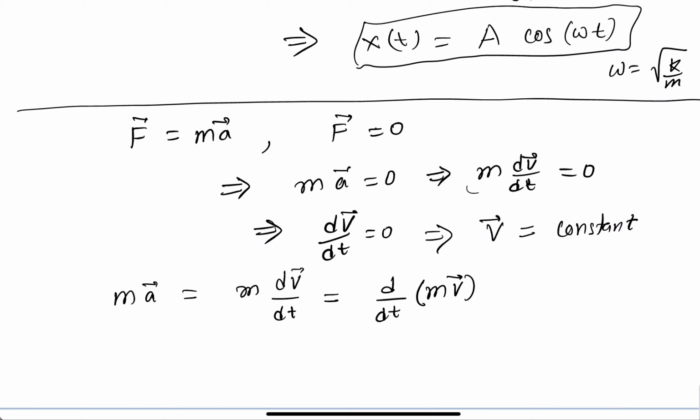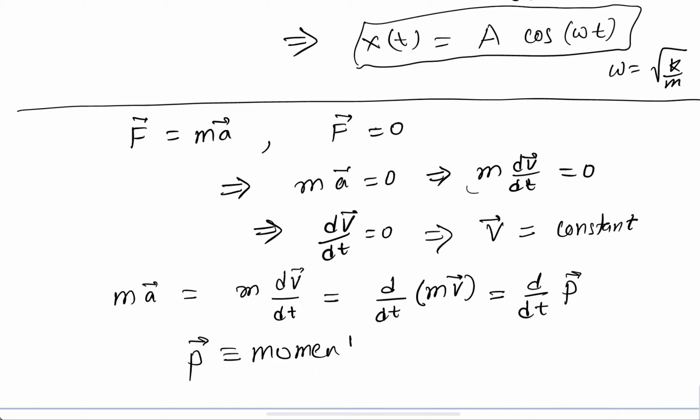So this is the same as m dv by dt. Now this quantity m times v is also defined as the momentum of the object, and is given a symbol p. So p, which is momentum of the object, is mass times its velocity.